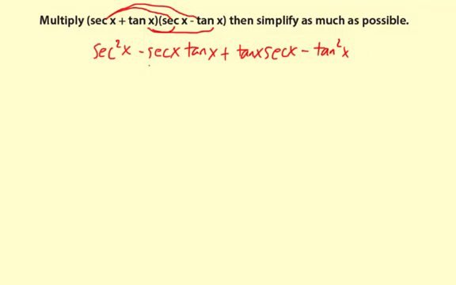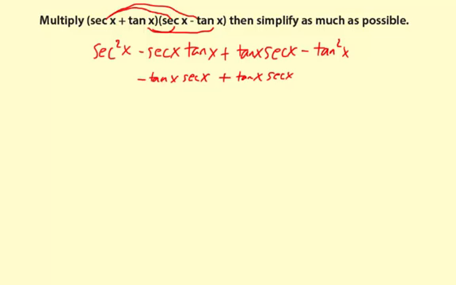Okay, now let's take a look at what we have. Well, these two middle terms are going to cancel each other out because we have secant x tangent x and tangent x secant x. We can just use the commutative property of multiplication and say this is minus tangent x secant x and then plus tangent x secant x.